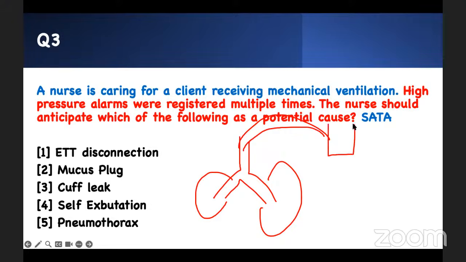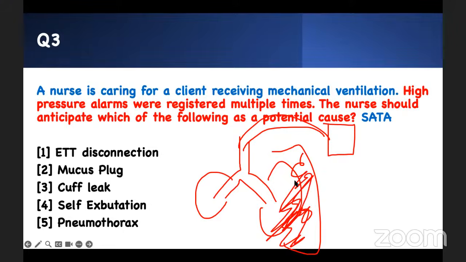It's trying to put air here, but you have pneumothorax pressure from the air outside pushing on this lung, compressing it. There will be a lot of force needed to open that lung. So this will create a high pressure alarm. Mucus plug, high pressure alarm.